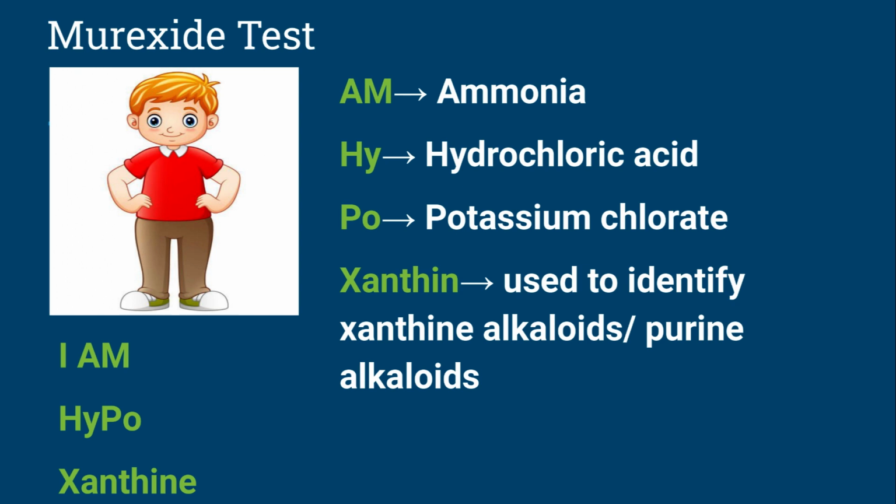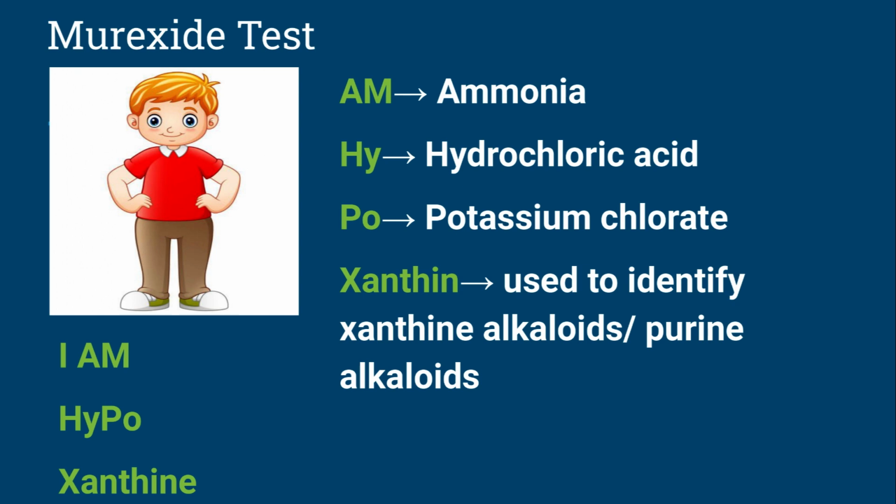PO is for potassium chlorate. Hypo collectively stands for hydrochloric acid and potassium chlorate. Xanthine helps you to remember that the Murexide test is used for identifying xanthine alkaloids or purine alkaloids.